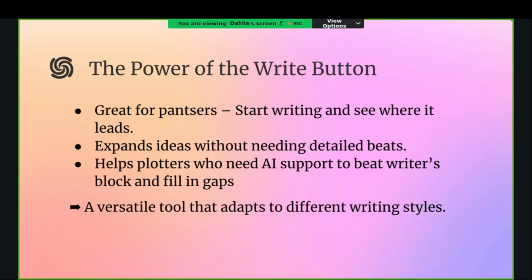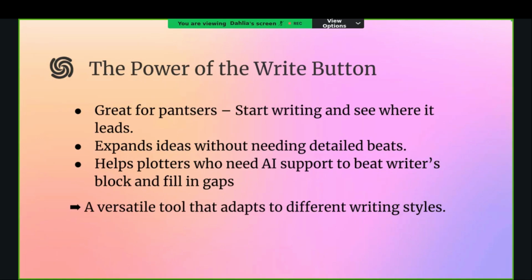But if you're someone who loves planning, a really passionate plotter, you can also use the Write button. It's connected to the Story Bible, so it knows all the things there are to know about your story that you have put into the Story Bible.